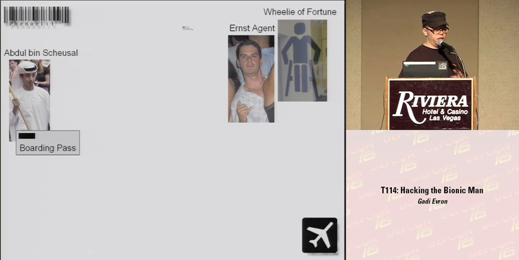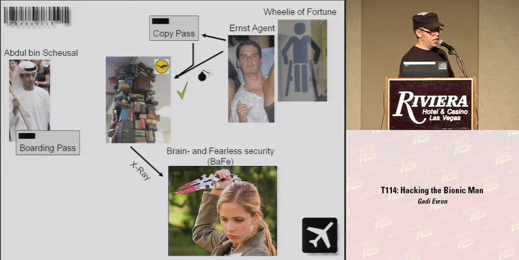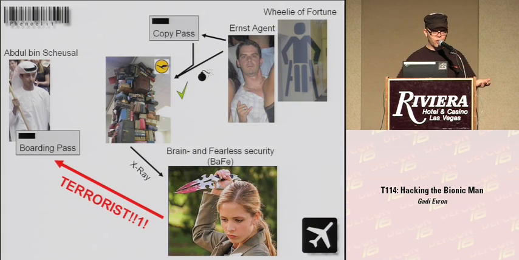So he actually recreates a boarding pass in the name of the other fellow and drops some luggage in with some extras, gets x-rayed, and evil security finds a terrorist. This is how it works. You can totally do that.